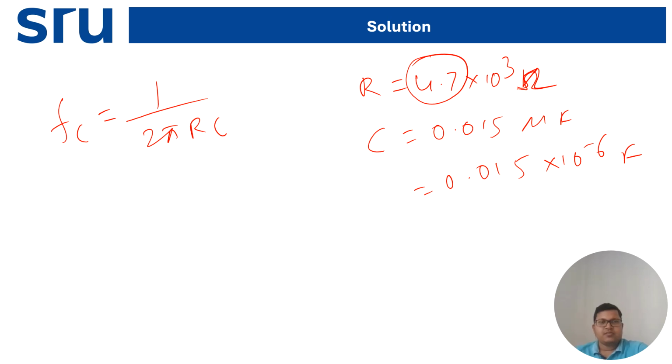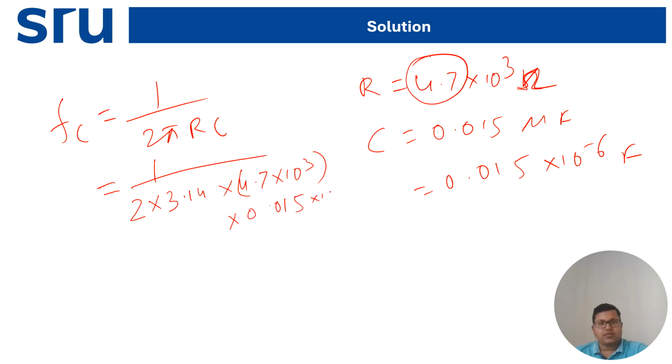So we'll put these values here and it becomes 2 multiplied by 3.14, multiplied by R, which is 4.7 into 10 to the power 3, and also multiplied by C, 0.015 into 10 to the power minus 6.